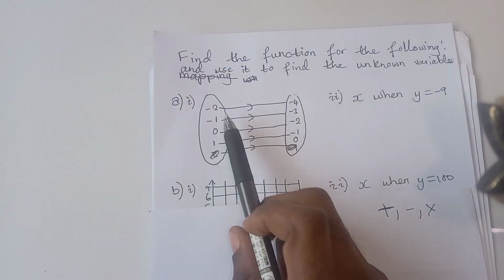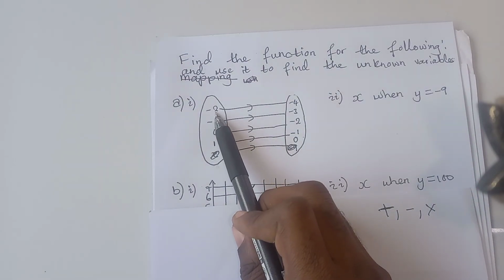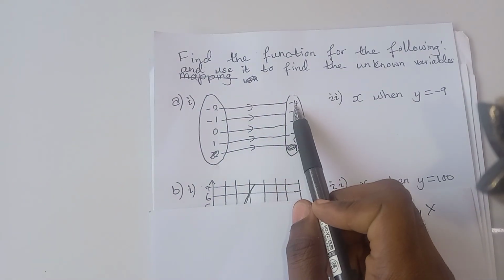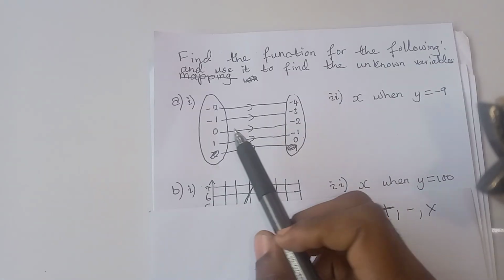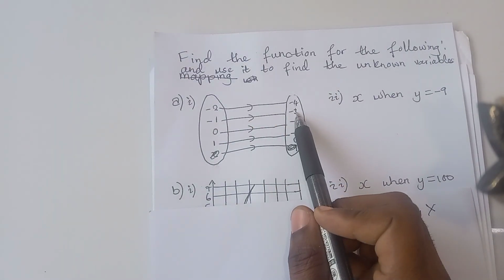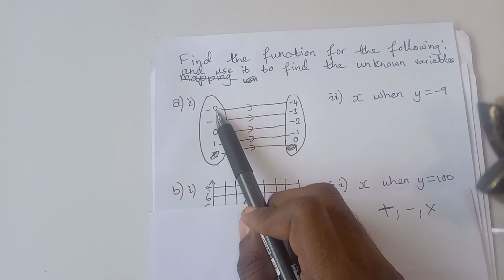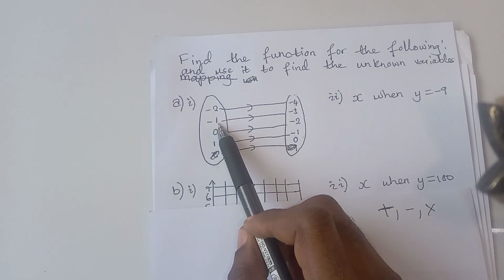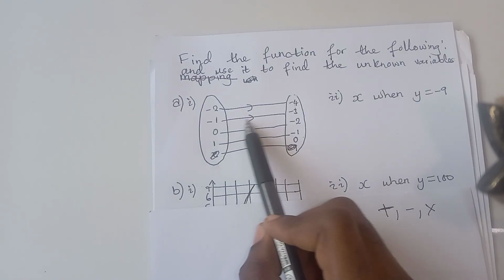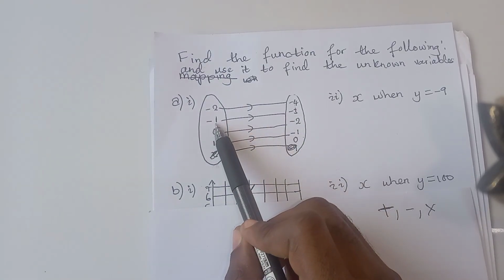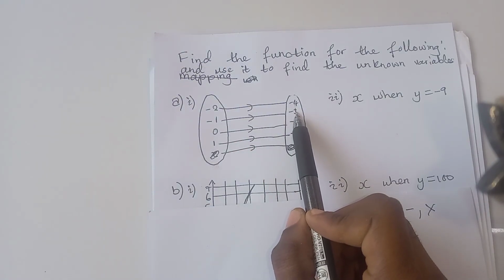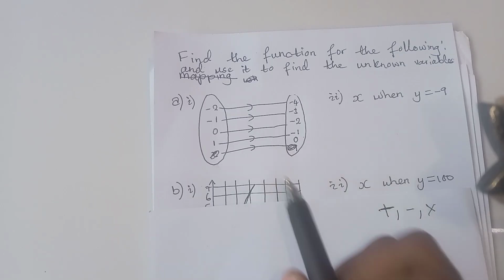When you look at 2 being mapped to -4, you can tell that this is definitely not multiplication, because 2 times -2 is -4, but when you try to use the -2 here, it will not work, because -1 multiplied by -2 is not 3. So you try something else.